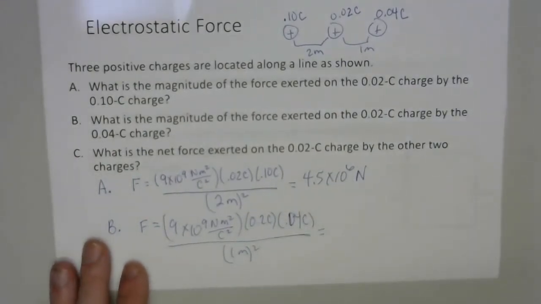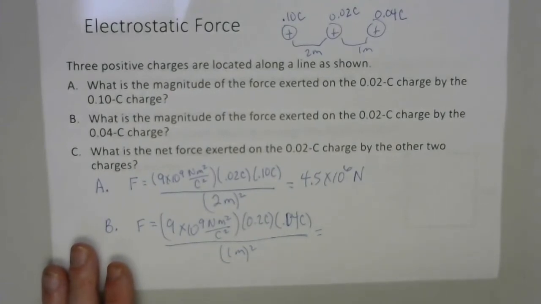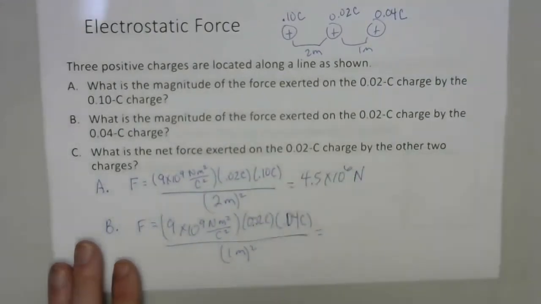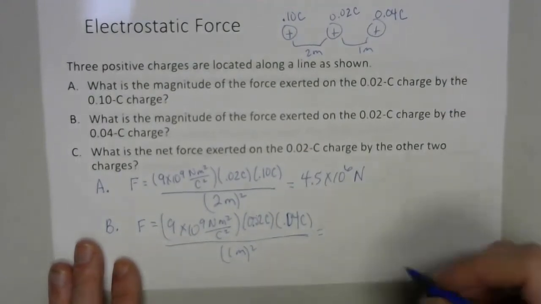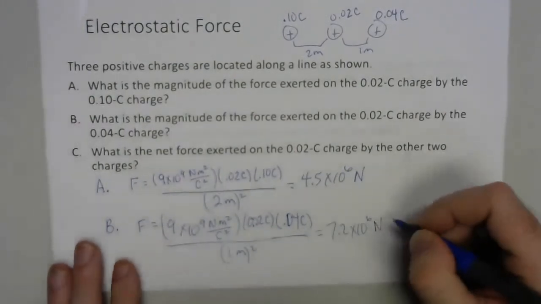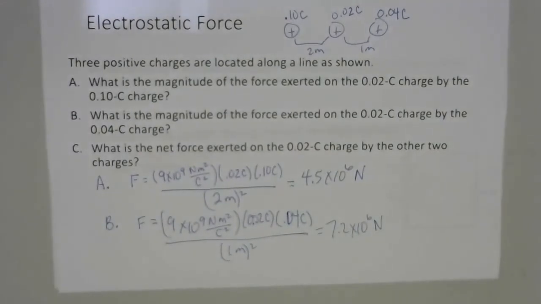So we're going to get 9 times 10 to the 9th times 0.02 coulombs and 0.04 coulombs. The 1 squared in the bottom doesn't do much for us, but we get 7.2 times 10 to the 6 newtons. Notice that even though there were smaller charges, they're a lot closer together, so you do get a bigger force.